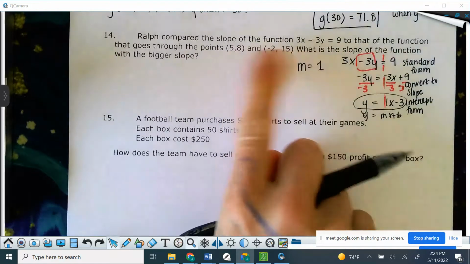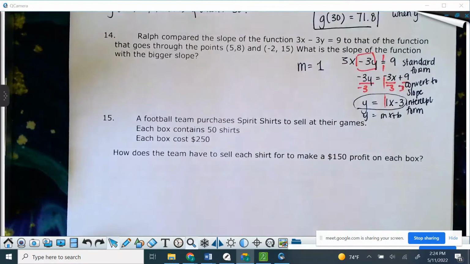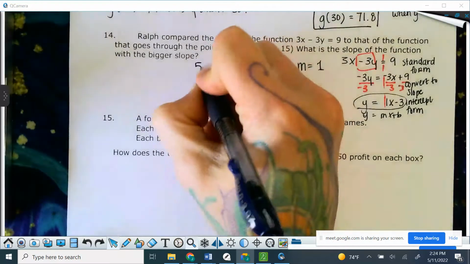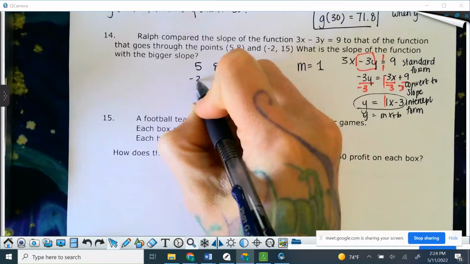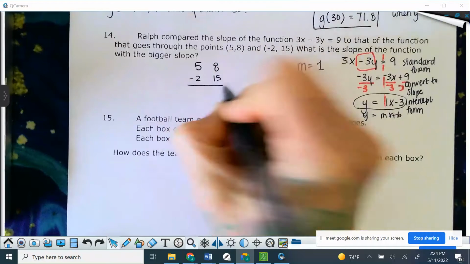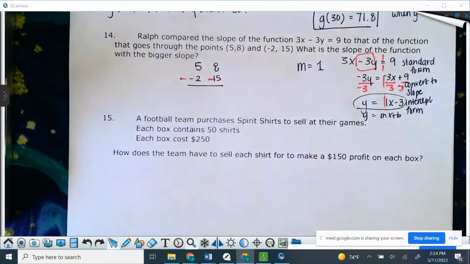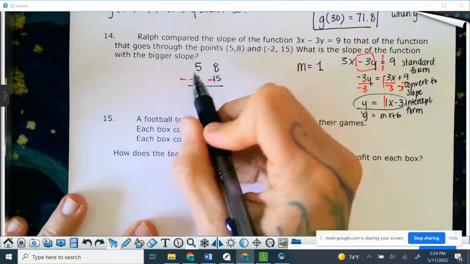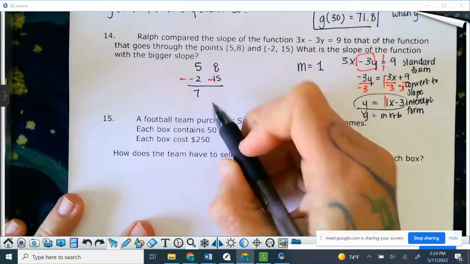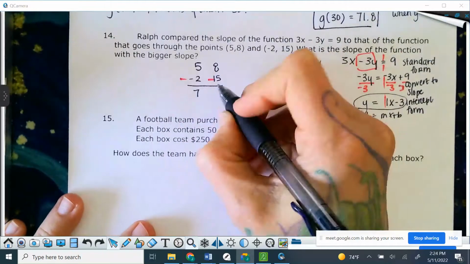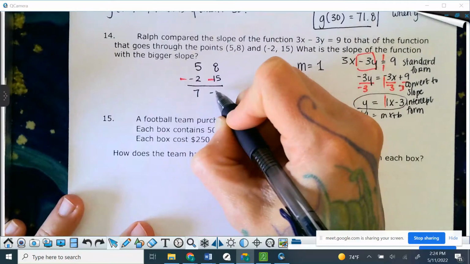Now, with my two coordinates, remember it's y minus y over x minus x. Or stack them, subtract them, which is going to have a minus minus. So 5 minus -2 is going to be 7. 8 minus 15 is going to be -7, right?